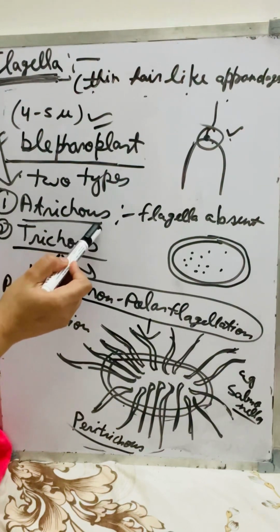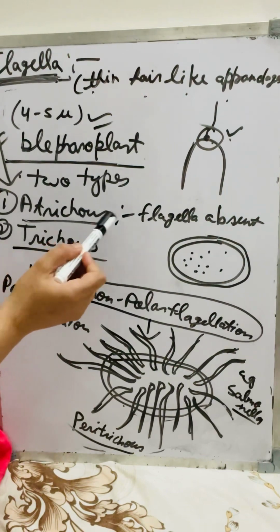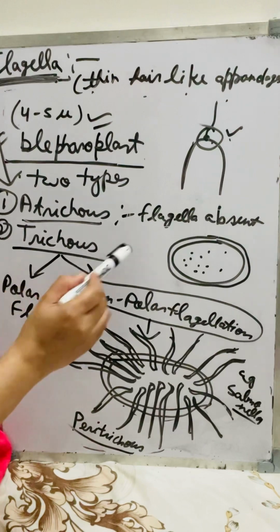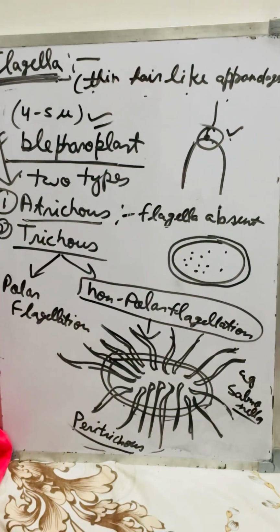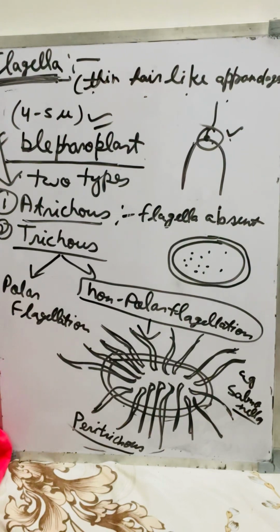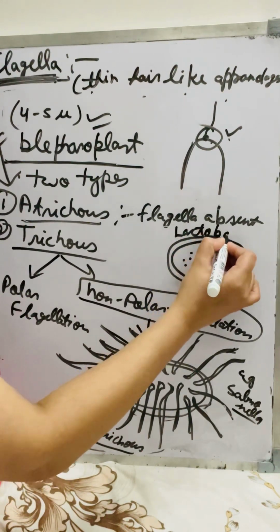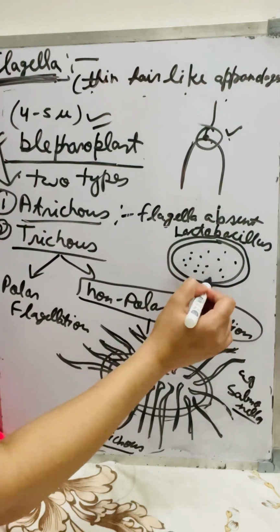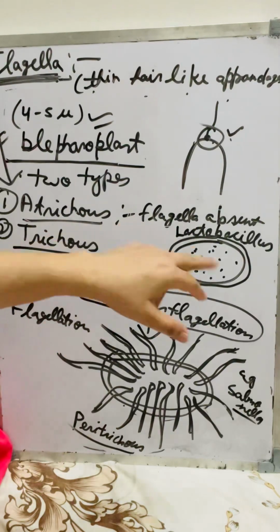The first is atrichous, those bacteria which have no flagella. An example is Lactobacillus.